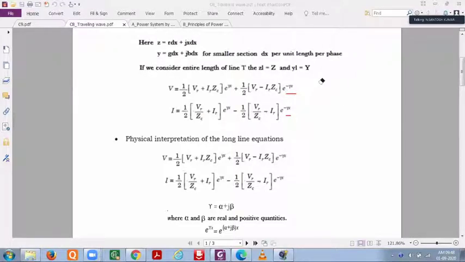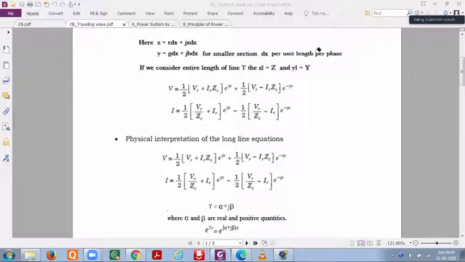Next is your reflected wave. If you see this second term of your voltage and current, it is e power minus gamma x. So from this we have concluded that the wave is decreasing when we move from receiving end to sending end.